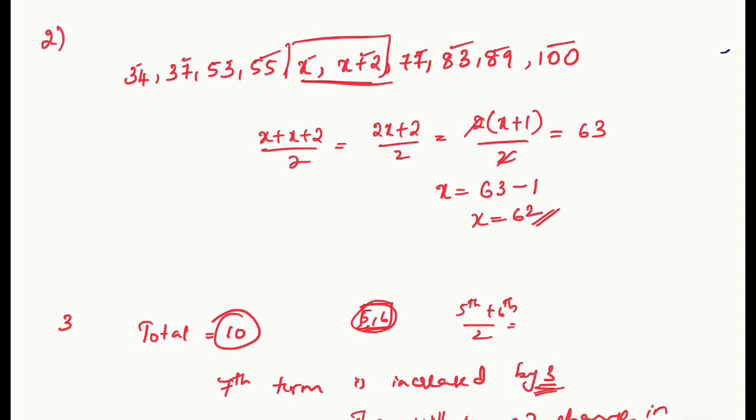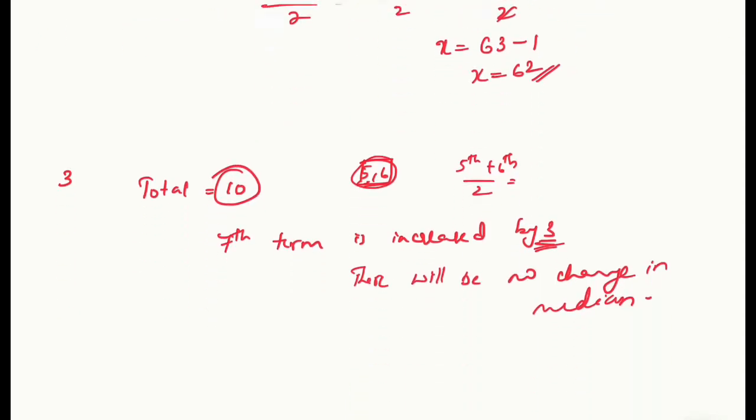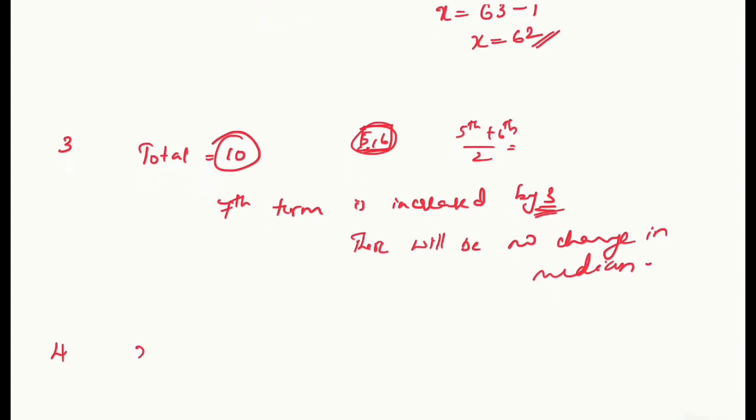Now coming to the next question, fourth main. Out of 10 students who appeared in a test, 3 scored less than 30 marks, 3 secured more than 75 marks. The marks secured by the remaining 4 students are 35, 48, 66 and 40. Find the median of the score. 3 scored less than 30, so I consider them as x, y, z.